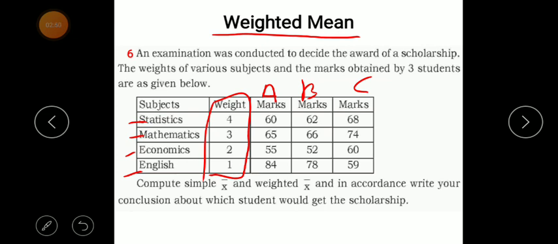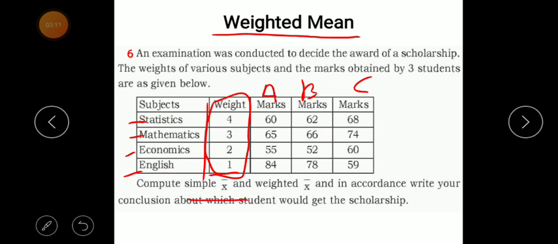Based upon this, stats is more important in that college, maths is second most important, economics is third most important, and English is the fourth most important subject. So based upon that, they have come across certain weights. Now these weights are given and marks obtained in the subjects also have been given.